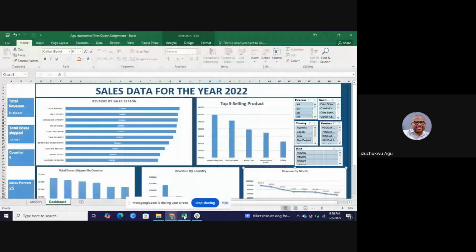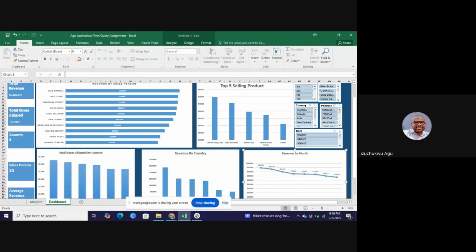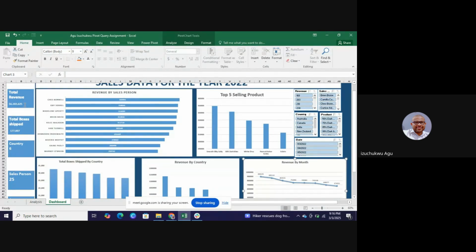Okay, I was able to get this data analysis after speaking with the various top marketers in various countries. The countries represented for the company were six, and we have a total revenue of about 6 point something million.